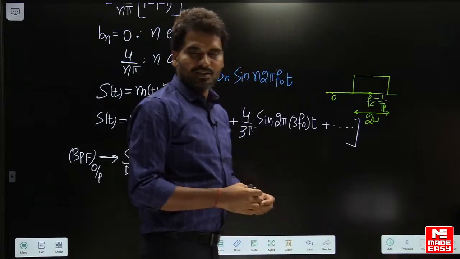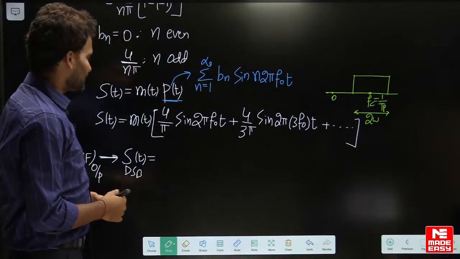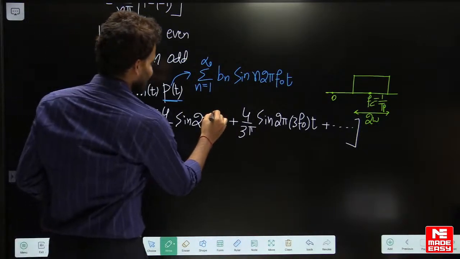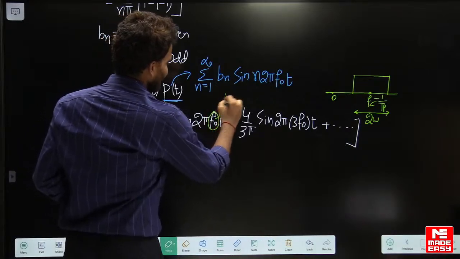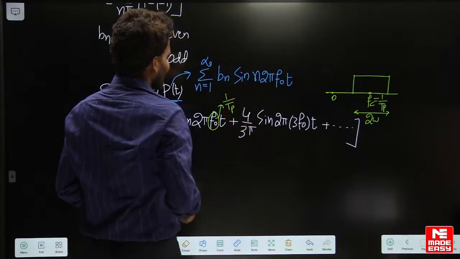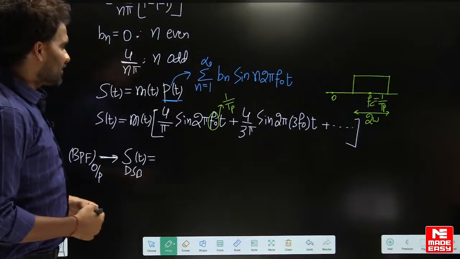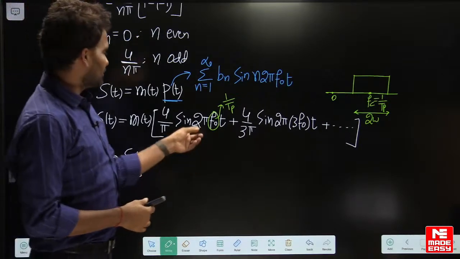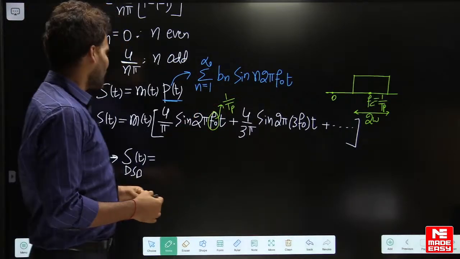It is allowing from Fc minus omega to Fc plus omega. And here f naught is also equal to 1 by Tp only, the fundamental frequency of the given periodic waveform. f naught is 1 by Tp of course.